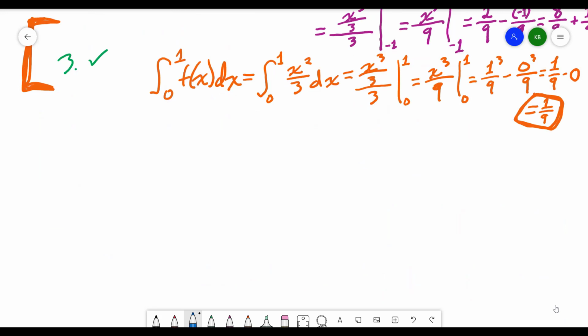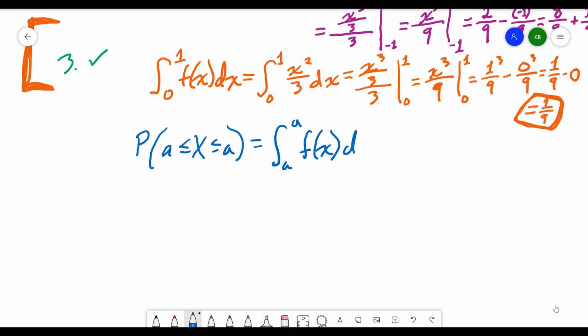So the math behind the probability of taking on a value of 0 for exactly 1 point: we have this idea that with a continuous probability distribution, the probability that a is less than x is less than a, right? And we can throw an equals to or not, it's fine. It's going to equal the integral from a to a, f of x dx.